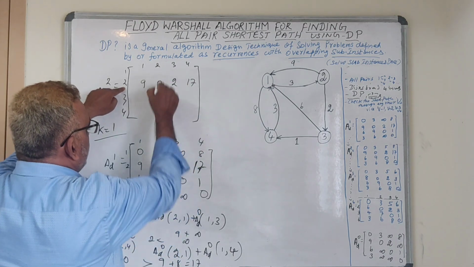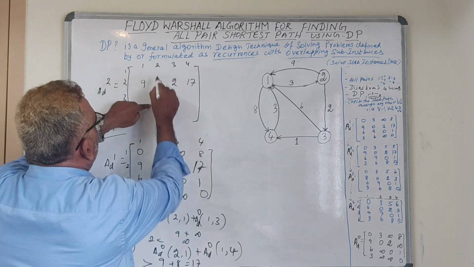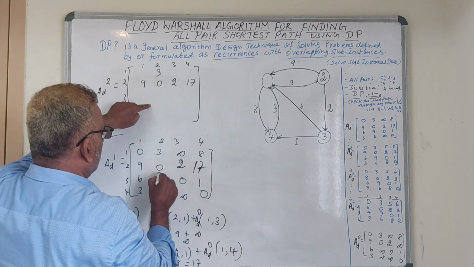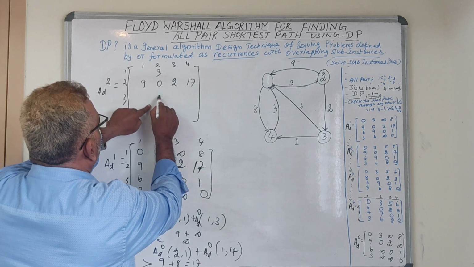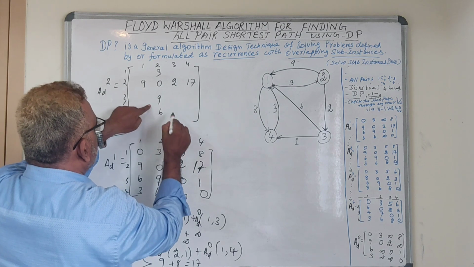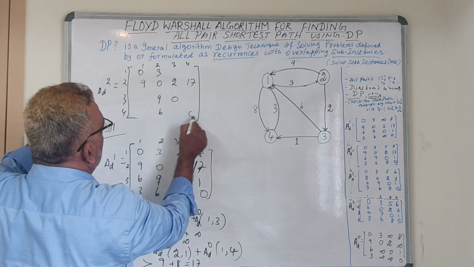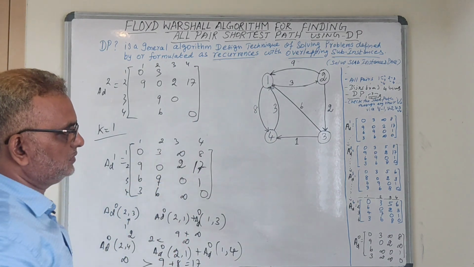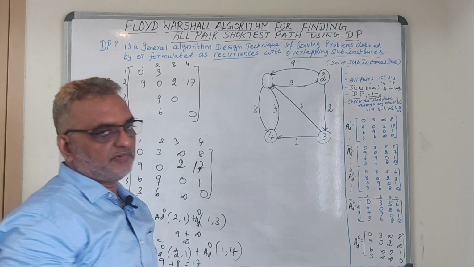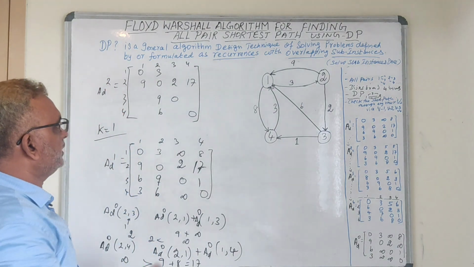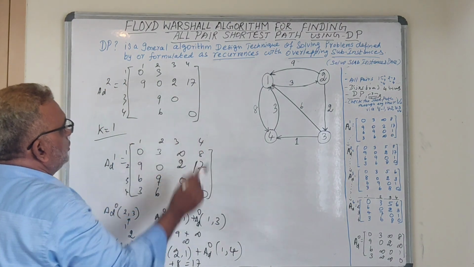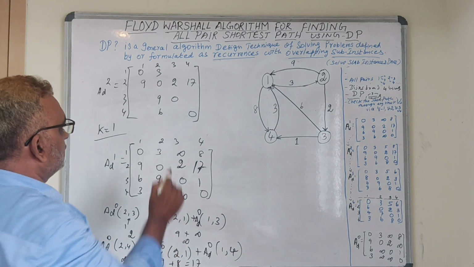Second column it is 3, 0, then 9, 6. And you know that the diagonal values are already 0, since the graph does not contain any self looping. Make this value 0. So the remaining values we have to calculate.